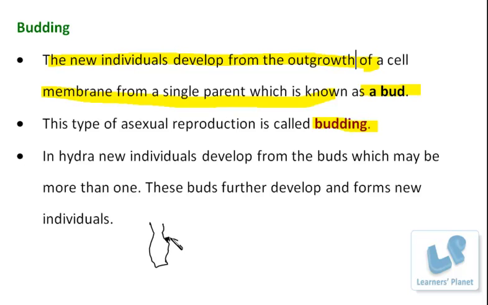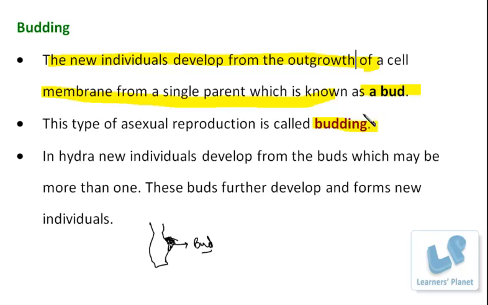For this process to continue, this membrane has to bulge out, and in this region itself the cell division will also start. Such an outgrowth which is produced here is actually known as the bud.